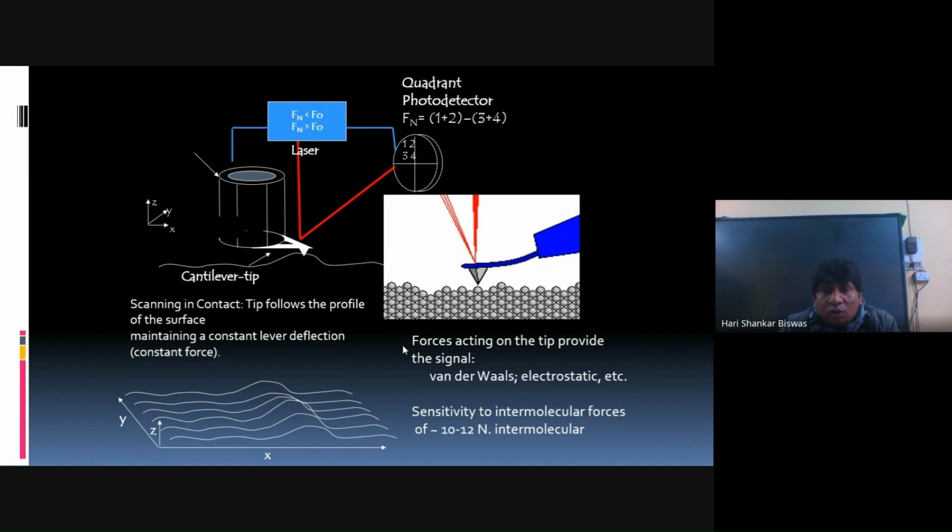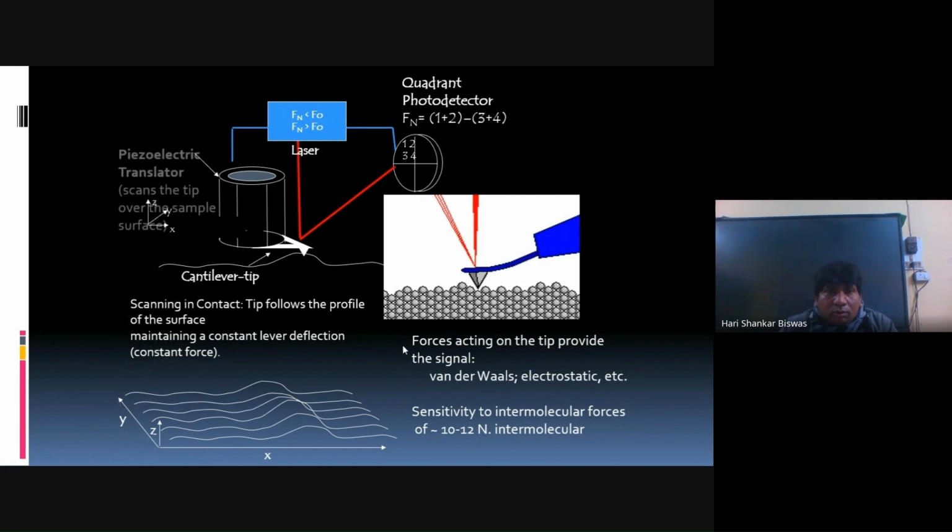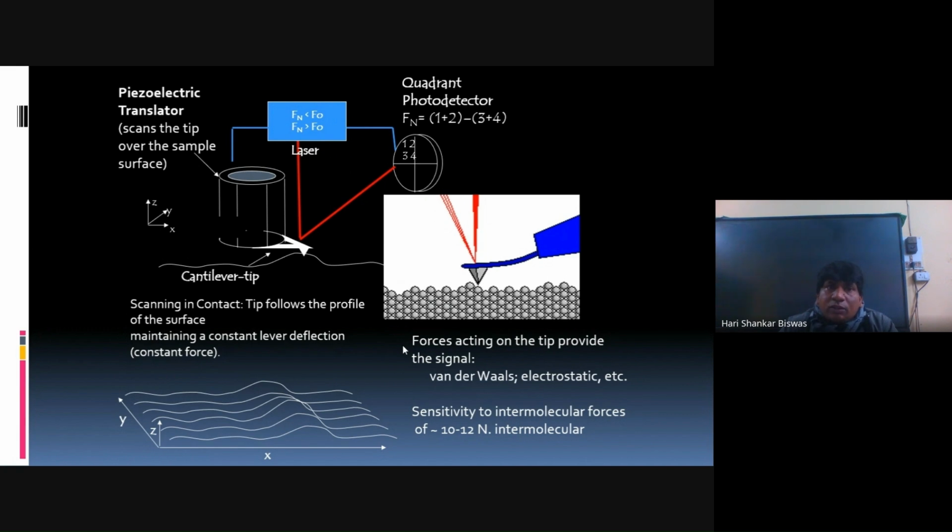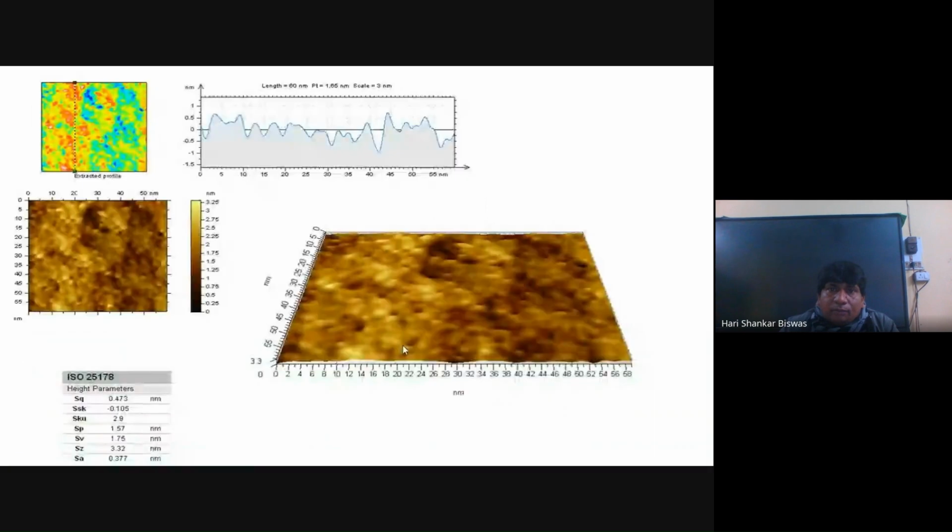Most electron microscopes and the atomic force microscope form an indirect image. That means we measure the force, and this force can be converted to a three-dimensional surface image. By this way, we can get the actual image of the surface. So with the piezoelectric translator, in this way the atomic force microscope works.